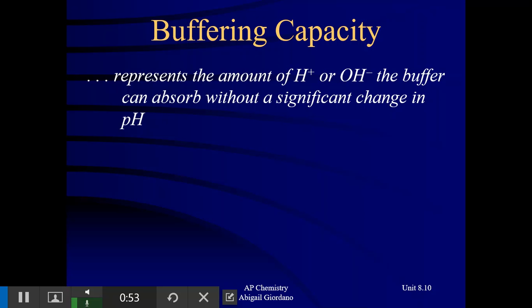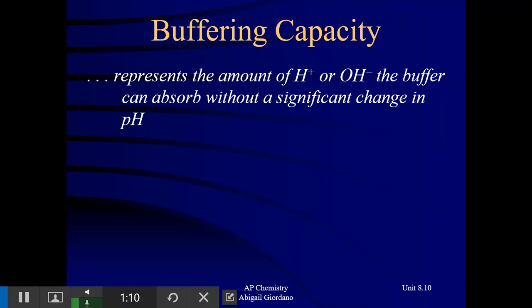Because, we talked about how we have in our body systems a bicarbonate buffer system in our bloodstreams, and those buffer systems have a certain capacity.